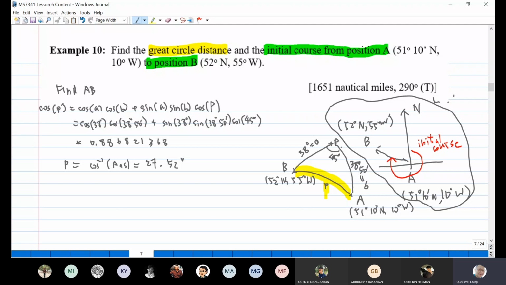But the answer given to you is in nautical miles. The answer gives the distance as 1651 nautical miles. So how do you convert this to nautical miles? The great circle distance is usually in degrees and minutes, but you can convert every minute.